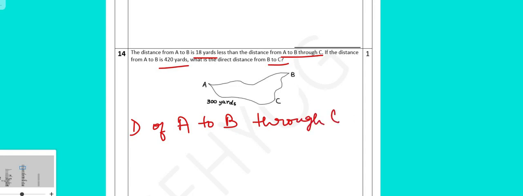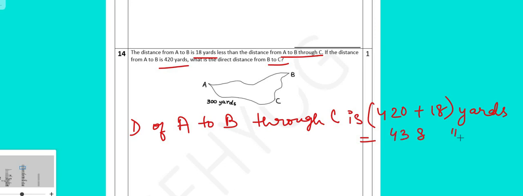which is the distance of A to B through C is 420 plus 18 yards, which is equal to 438 yards.